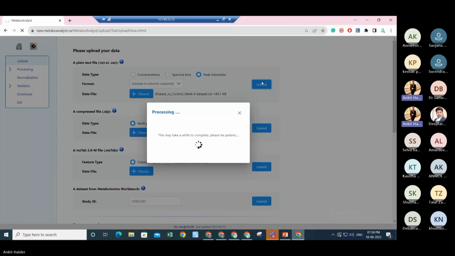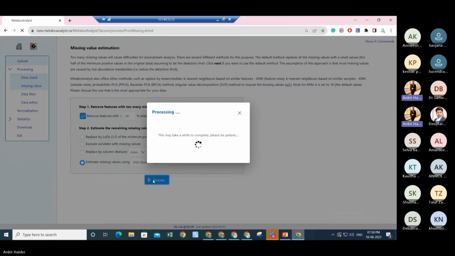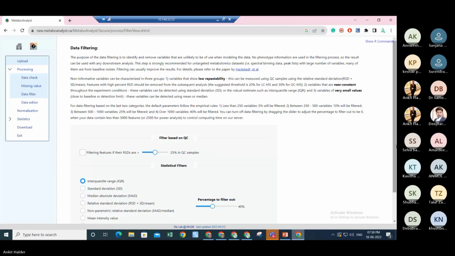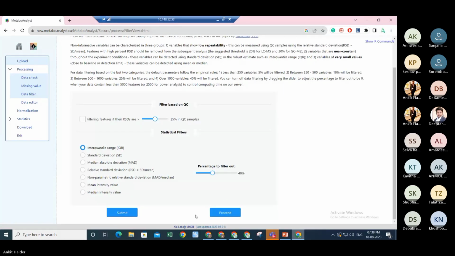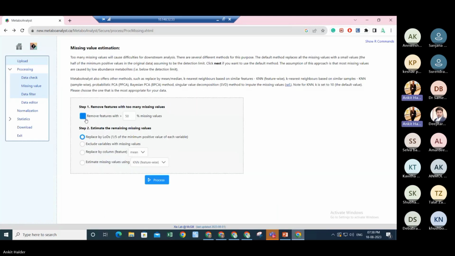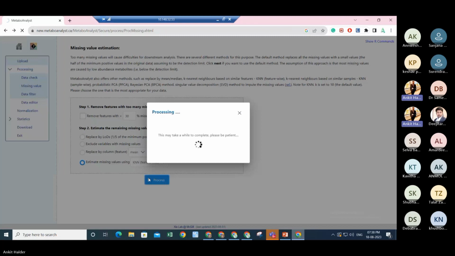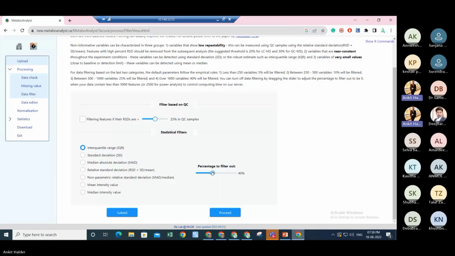So here you can see your missing values. And here, you can try out different methods to find out how it comes out differently for your data sets.